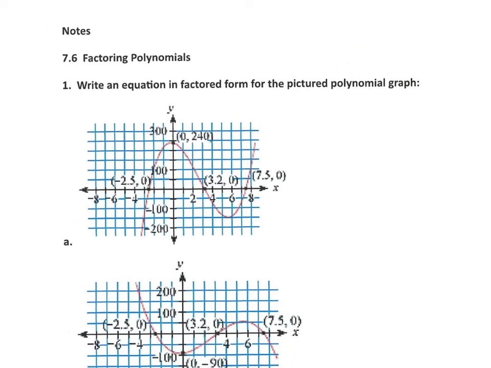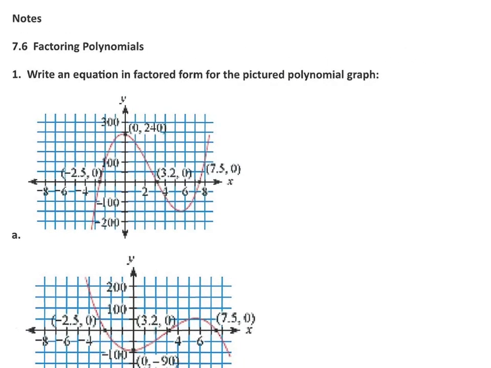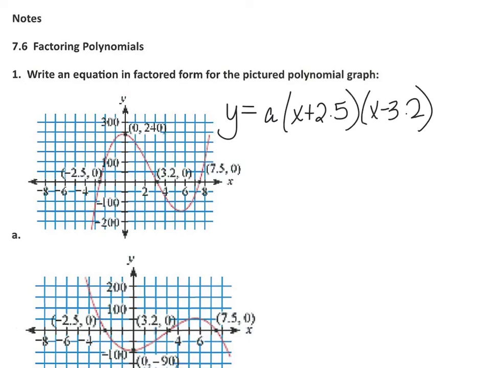So to start out my equation in my factored form, using my x-intercepts, I'll get to the y-intercept, but using those x-intercepts, then I have the equation y equals, I don't know a, times x plus 2.5 for my first root, times x minus 3.2 for my second root, times x minus 7.5 for my third root.